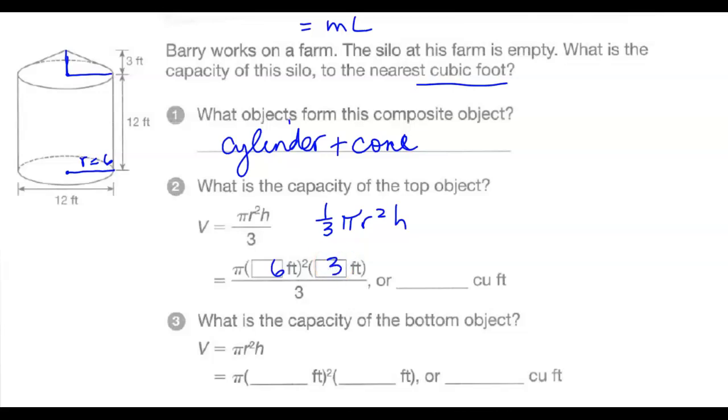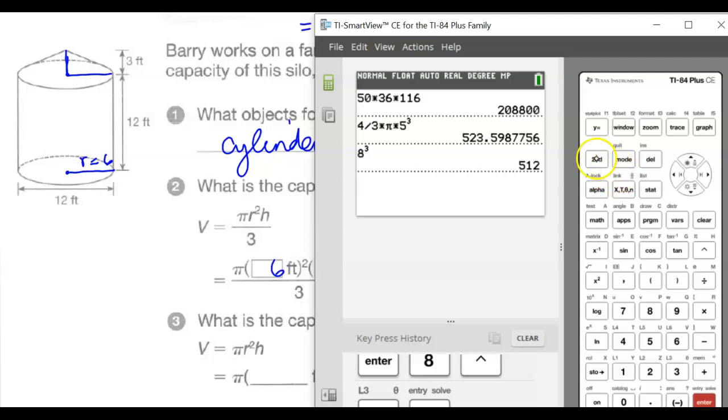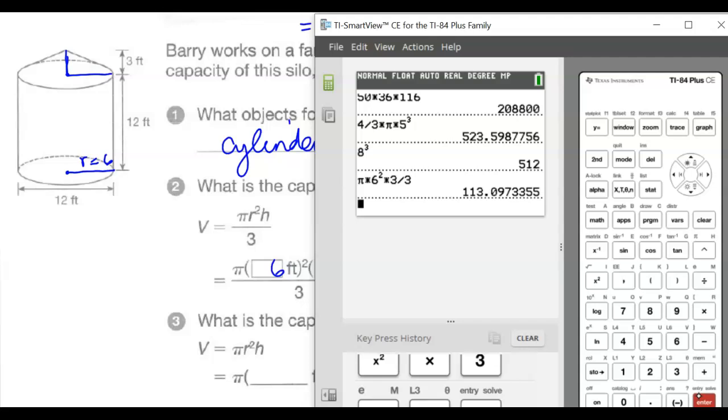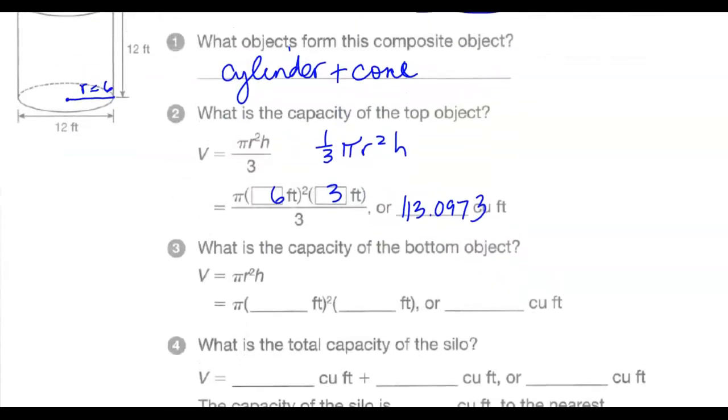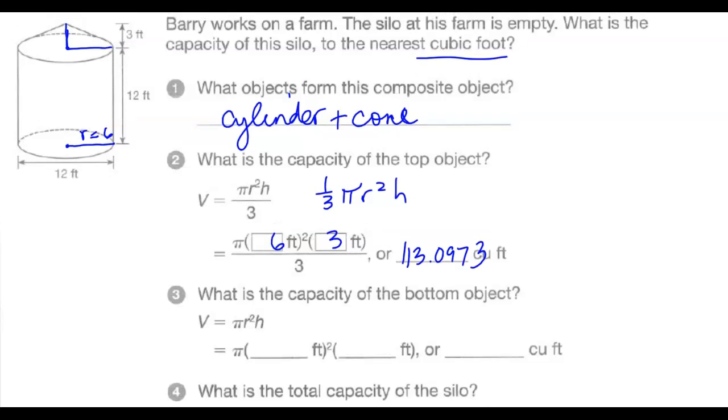Okay, so get your calculator out. Pi times 6 squared times 3 divided by 3. Those kind of cancel out, right? And so it'll be 113.0973. What is the capacity of the bottom object? That's the cylinder.